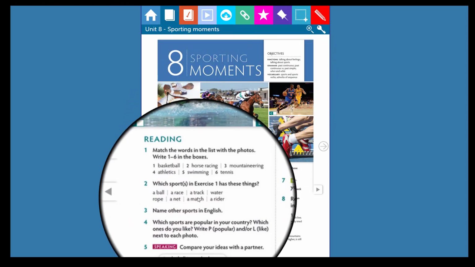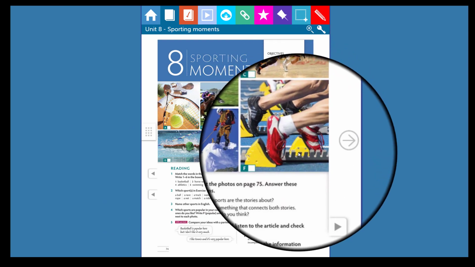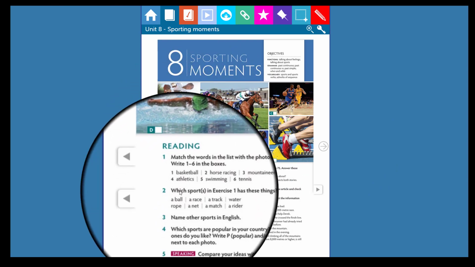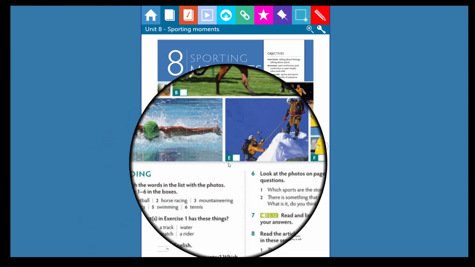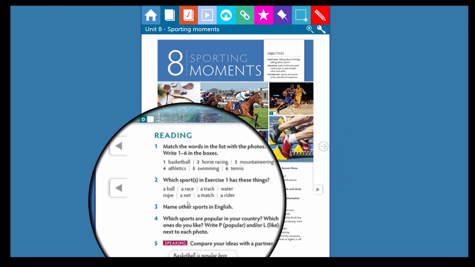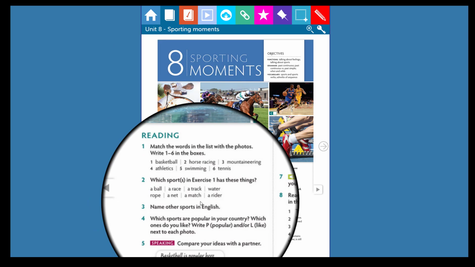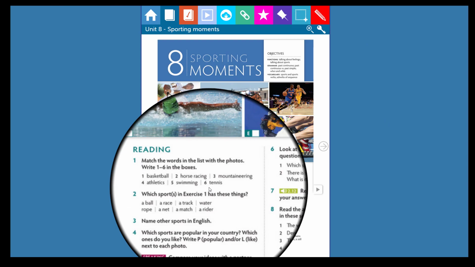A track, horse racing again, and athletics. Water, swimming. A rope, what do you think? Mountaineering, yes. A net. Tennis. A match. Basketball. And a rider.